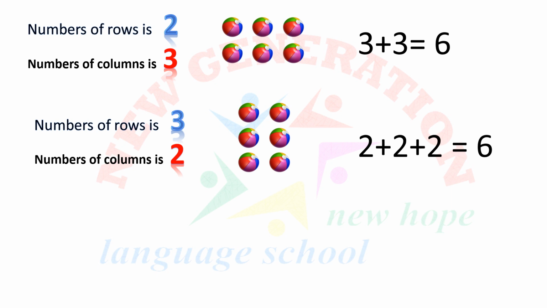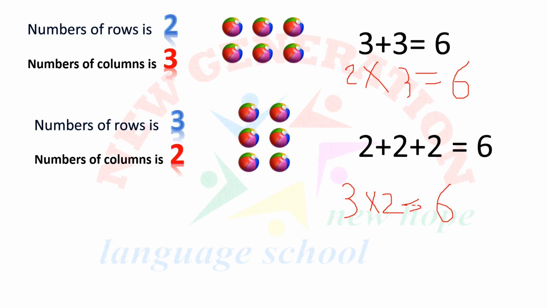6. So if I write the multiplication operation of this array, it will be 2 times 3 equals 6. If I write the multiplication operation of this array, it will be 3 times 2 equals 6.